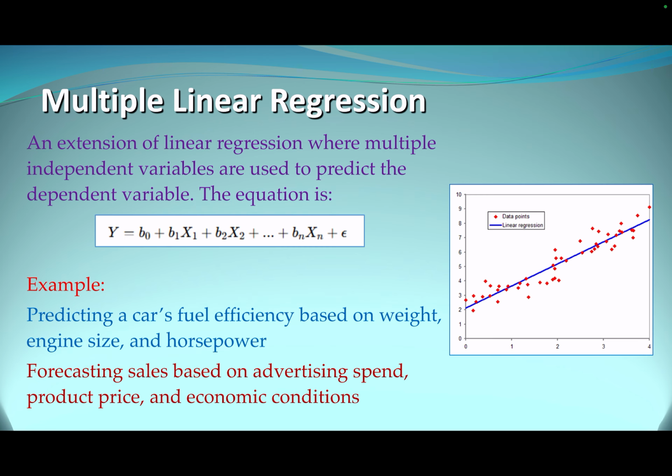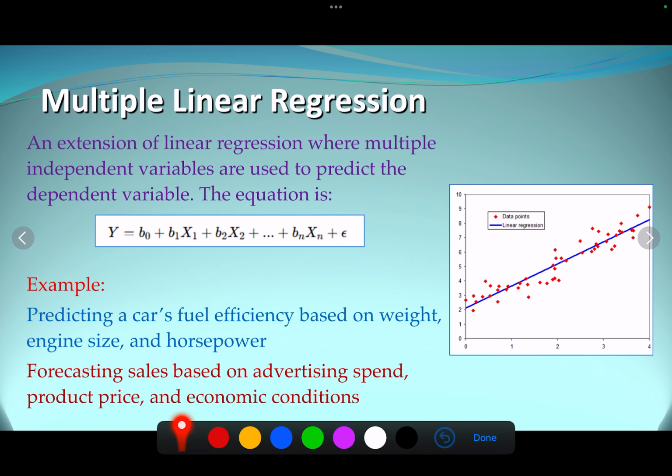There is another technique called multiple regression, which is an extension of linear regression, where multiple independent variables are used in order to predict the value of the dependent variable. For example, if y is the dependent variable, we can write the equation y = b0 + b1x1 + b2x2 + ... + bnxn + epsilon.